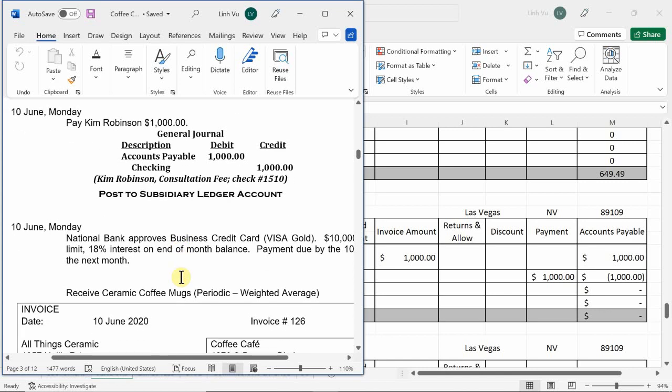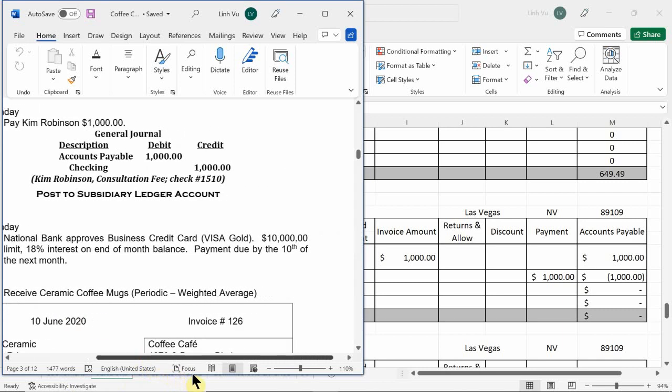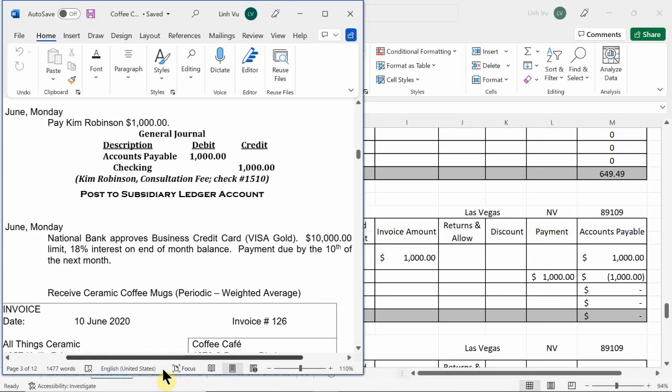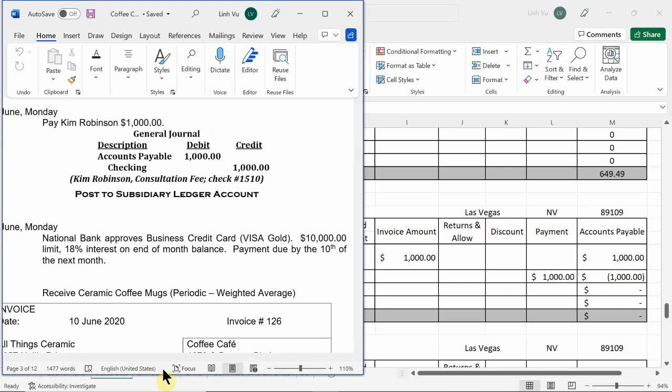National Bank approves a business credit card, your Visa Gold credit card. You got a $10,000 credit limit, with an 18% interest on the end of the balance, and payments are due by the 10th of every month, or in this case, in the next month.